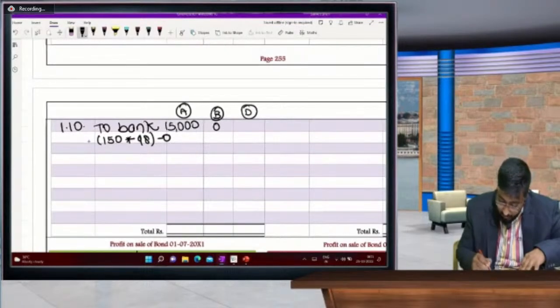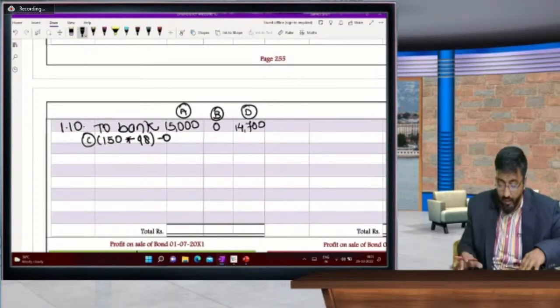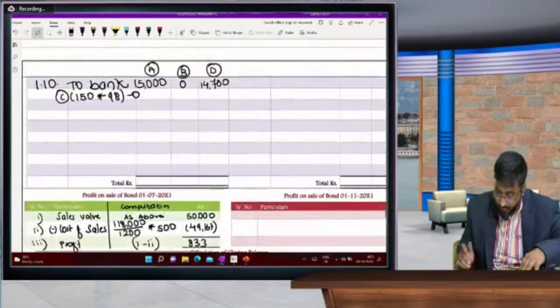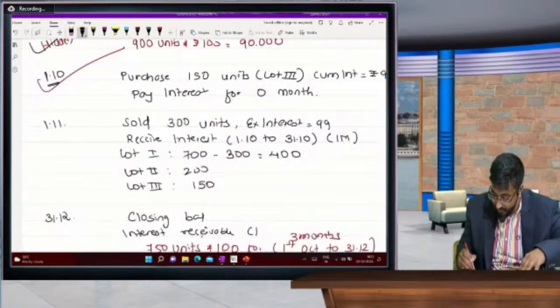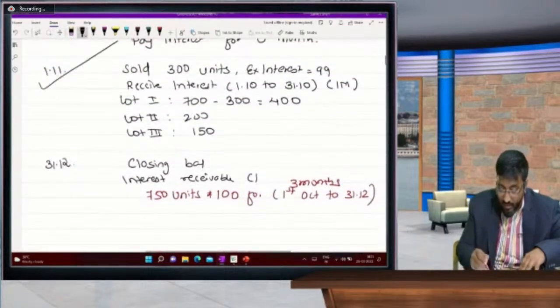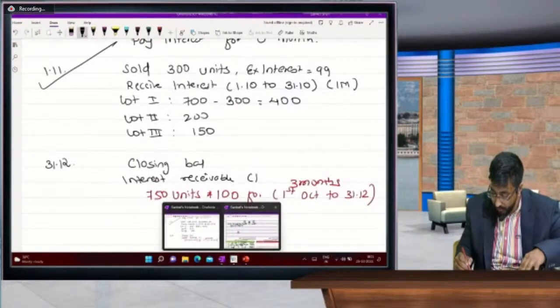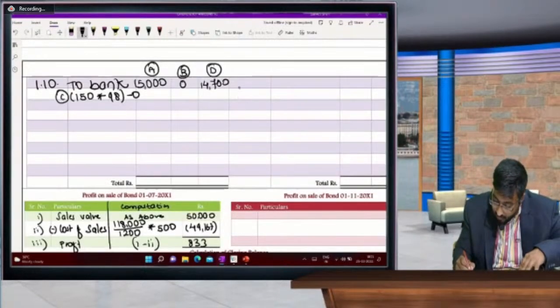D. 14,700 over. And now last one. Last. 1st November. और उसके बाद 31st December. Yes, बेटा. 1st November. Buy bank.